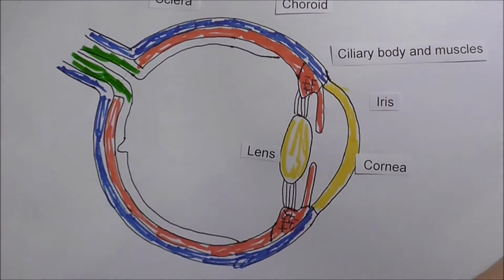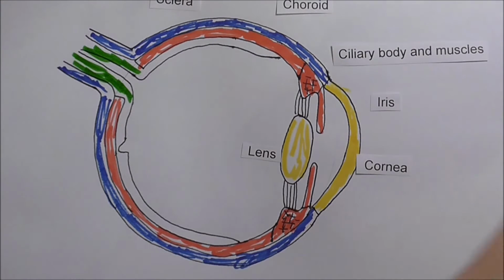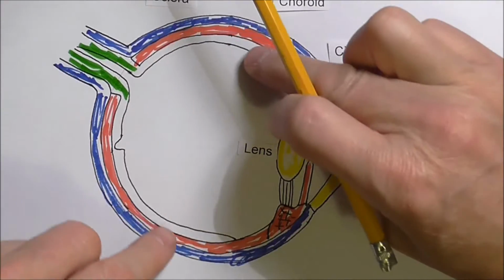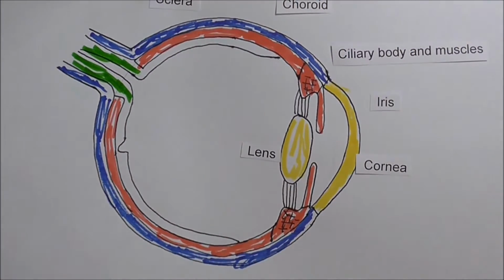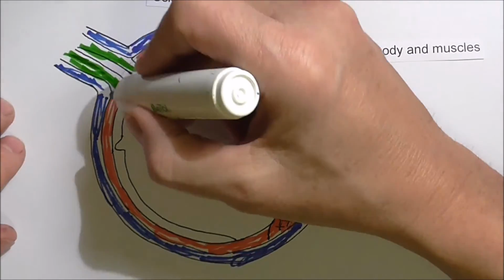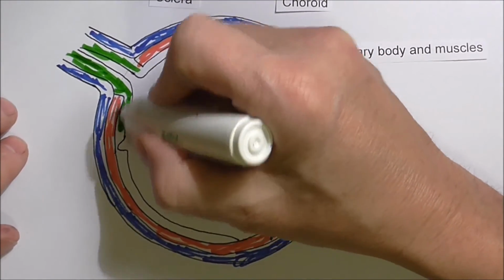Going down through the optic nerve, down here, in this track down through there, we have the central retinal vein and retinal artery taking blood to the retina. But for now, let's just draw the retina in. So optic nerve there in green. Then the retina carries on here in green.